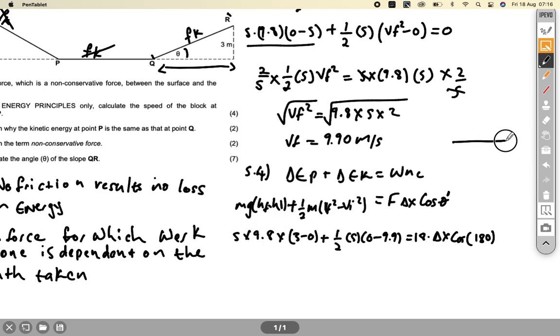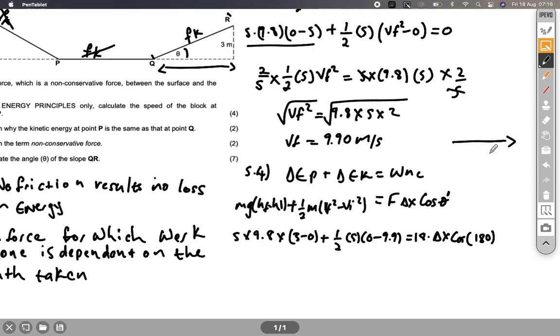So a force going in that way would be theta equal to 0, and a force acting against that would be theta equal to 180. Okay, so this is going to yield negative 18 delta x.